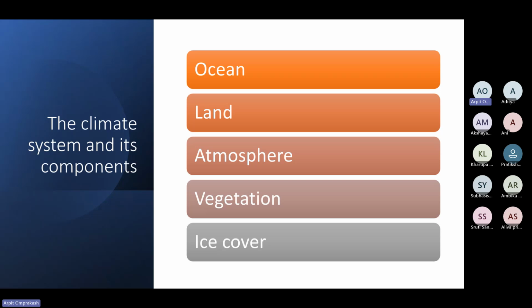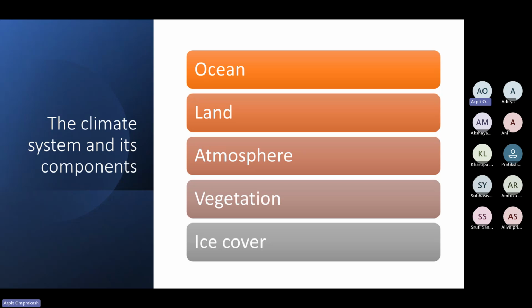So the climate has a lot of these different components due to which it basically functions. So these components basically manifest to give the climate. For example, the ocean, land, atmosphere, vegetation, and ice cover. So these all different things interact with each other to produce the climate of a given area.